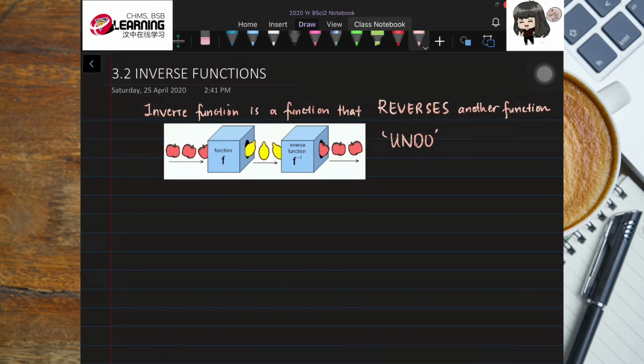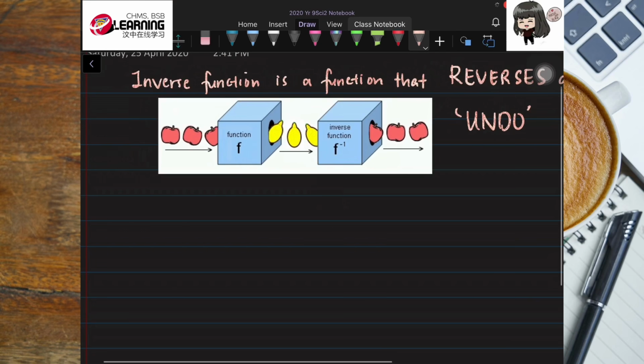I can illustrate using this picture here. Look at this apple. It's an input. When it goes through the function f machine, the apple turns into a lemon. And the lemon, when passed through the inverse function, you see that it turns back to apple.